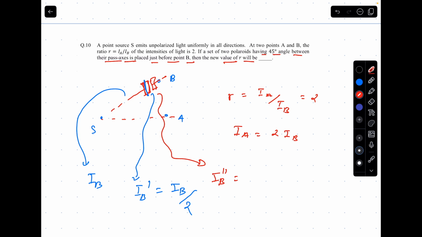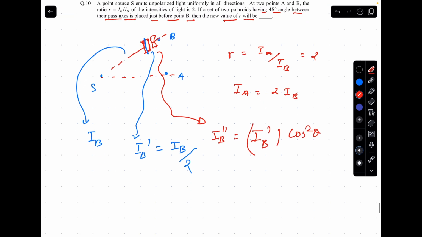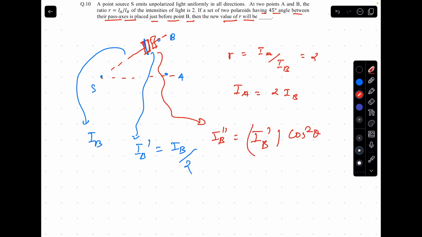So we know IB double dash will be IB dash cos square theta, where theta is the angle between the polaroid axes. We have IB dash as IB by 2, so IB divided by 2, and cos square theta for 45 degrees is 1 by 2.